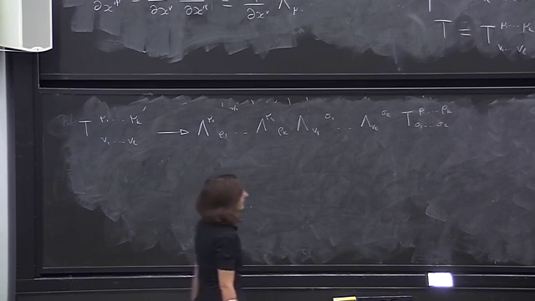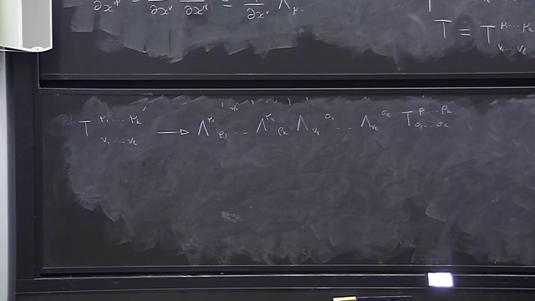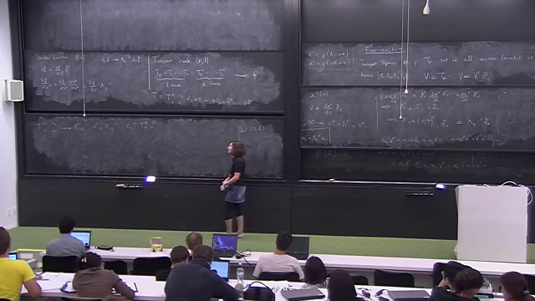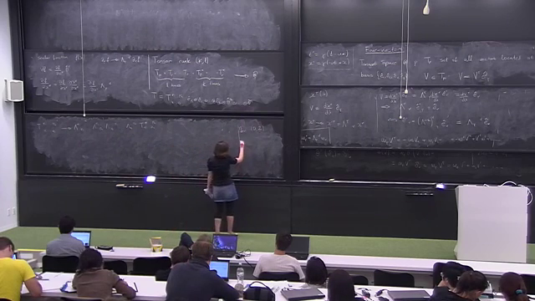Okay, so as I said, for example, the metric is a 0-2 tensor, which means precisely that it acts on two vectors belonging to TP.